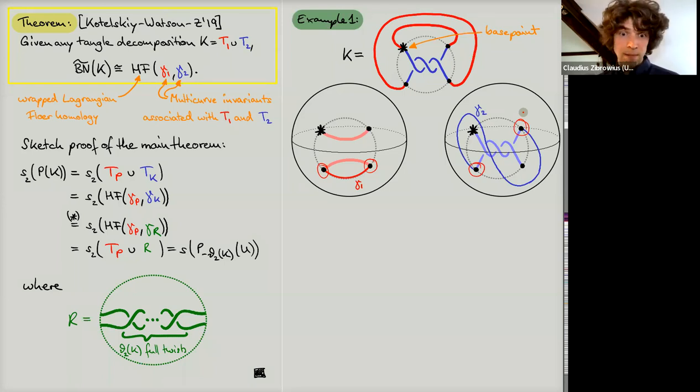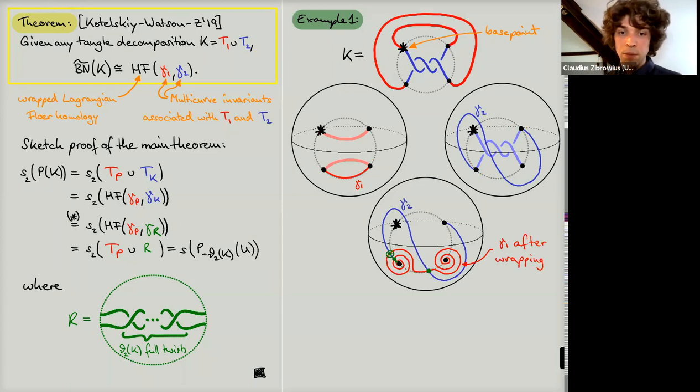Okay, so these are these multicurve invariants. Now, what about this gluing theorem? Well, this gluing theorem tells us that we can compute the Bar-Natan homology of this knot K, of this trefoil knot, by taking the wrapped Lagrangian Floer homology of the 2 multicurves, i.e. gamma 1 and gamma 2. And this is illustrated here in this picture.